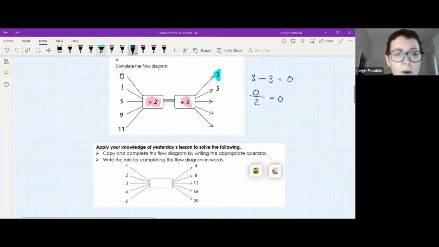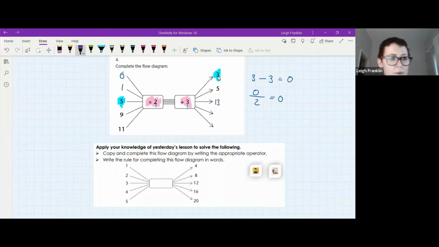We're looking now at this input that I've just colored in turquoise. So 5 goes in, it's times by 2, we add 3, what comes out, Jaden? It's okay. 13. Good job.